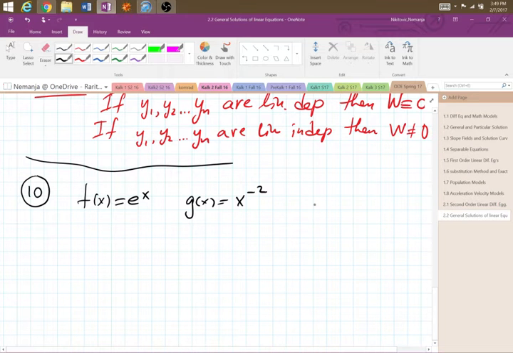And then h of x is negative 2 times ln x. So check for linear dependence or independence, whatever the Wronskian gives you.